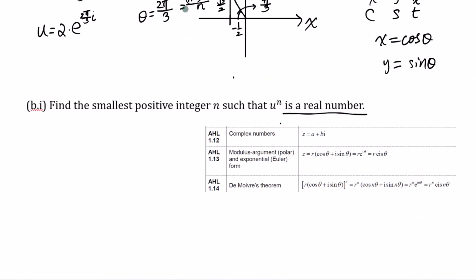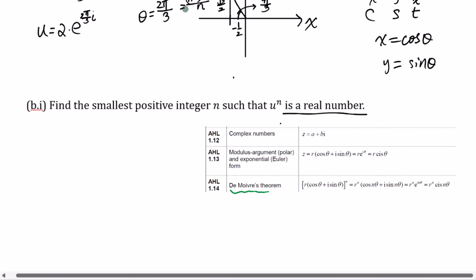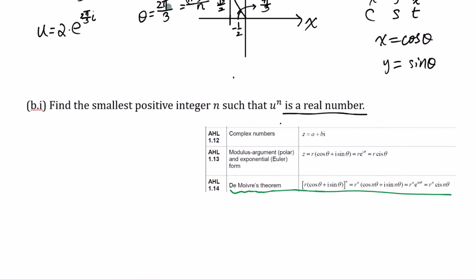B1. Find the smallest positive integer n such that u to the power of n is a real number. We will use De Moivre's theorem to work out u to the n. u equals 2 times e to the power of 2 pi over 3 i.